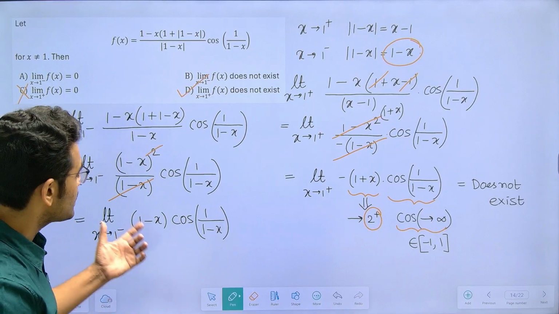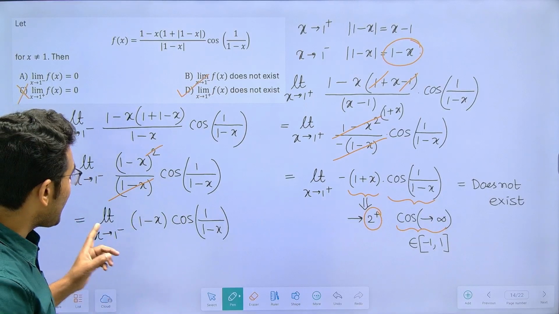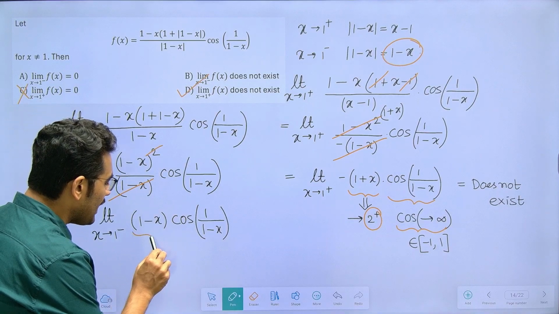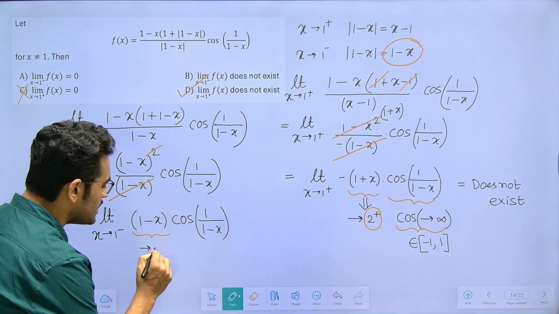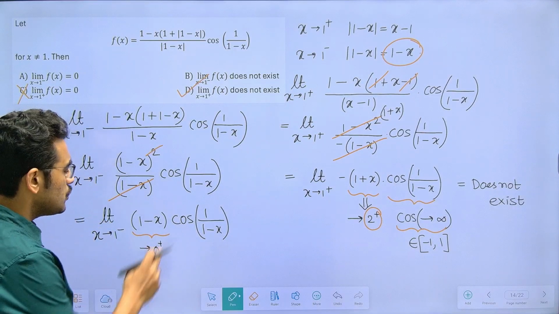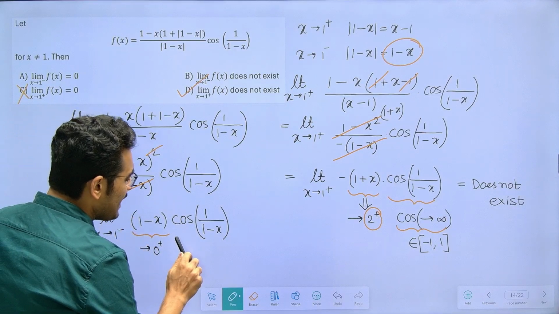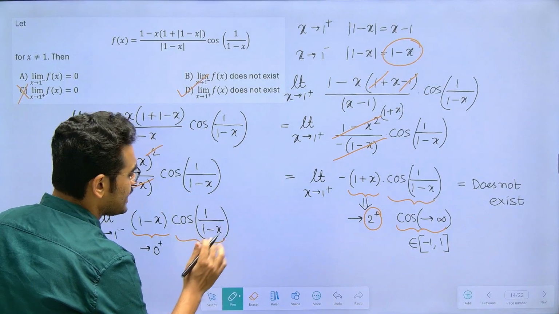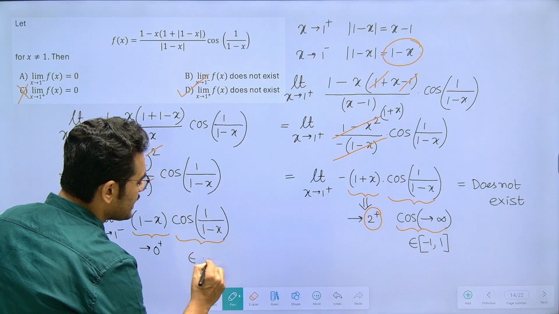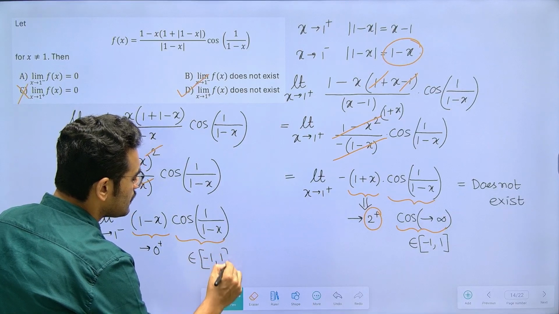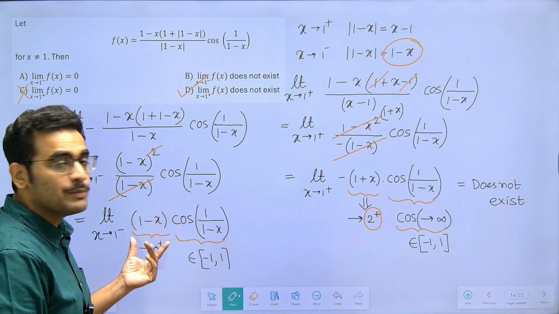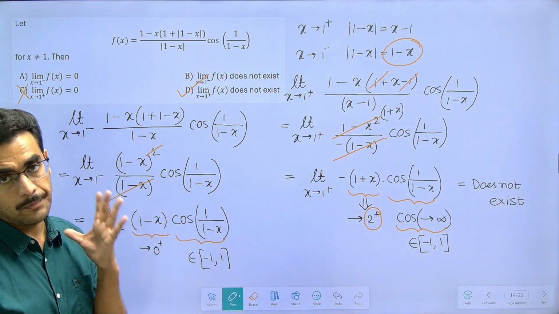Now see, this is an interesting form because as x tends to 1 minus, that is slightly to the left of 1, 1 minus x is tending to 0 plus. It is close to 0, slightly more than 0. And this value is still oscillating. This is cos of infinity. So this value is still oscillating between minus 1 and 1, but it is getting multiplied with something which is tending to 0.